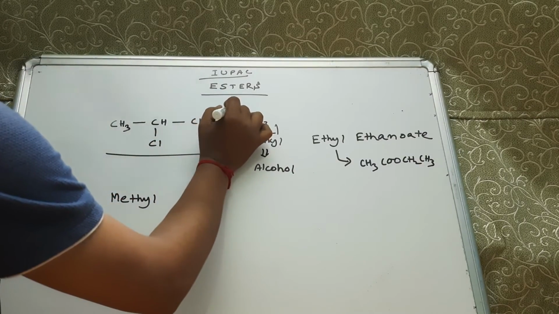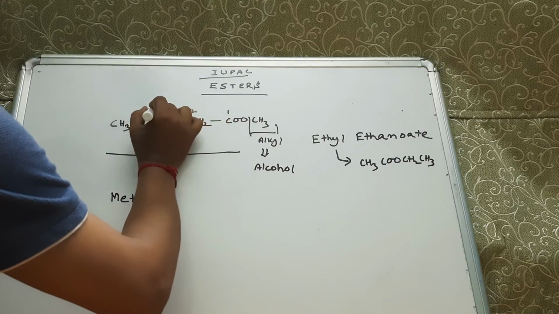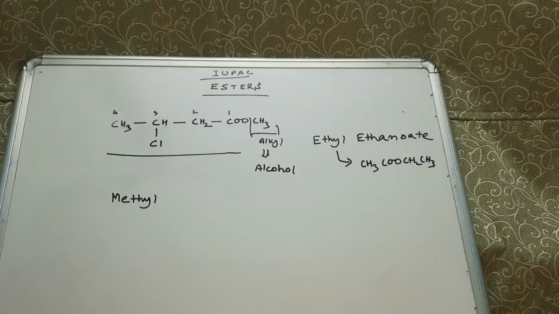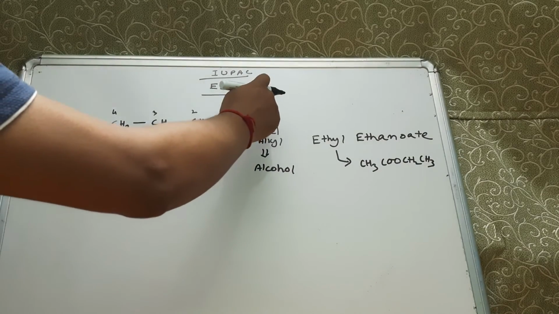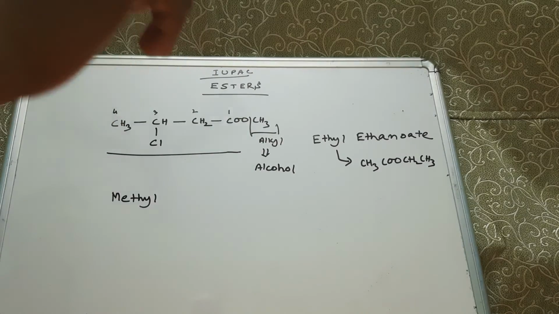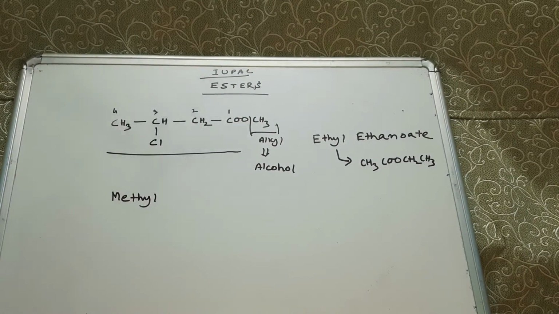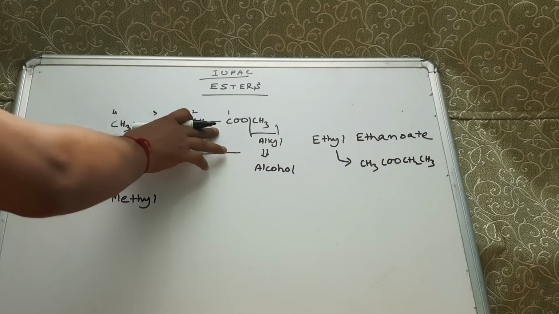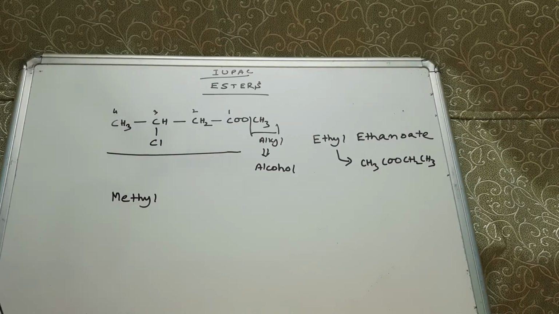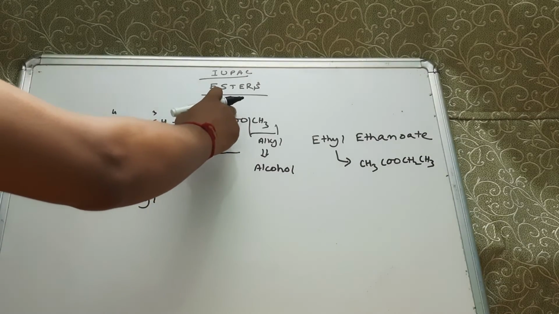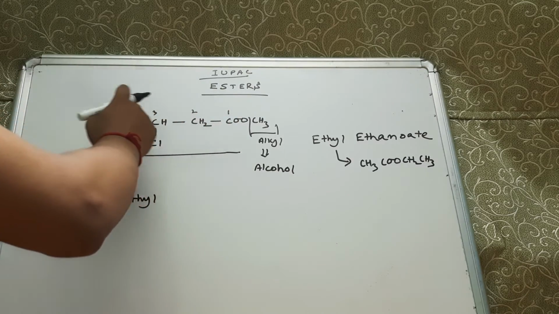That means from here, so 1, 2, 3, 4. Students often make a mistake here. They start numbering from the alcohol part, but remember, you should not start numbering from the alcohol part. You should start numbering from the carboxylic carbon only. So the carboxylic carbon will get number 1, then 2, 3, 4.